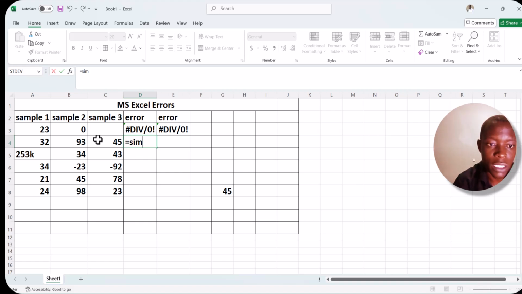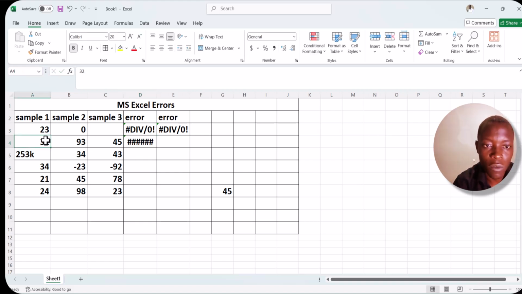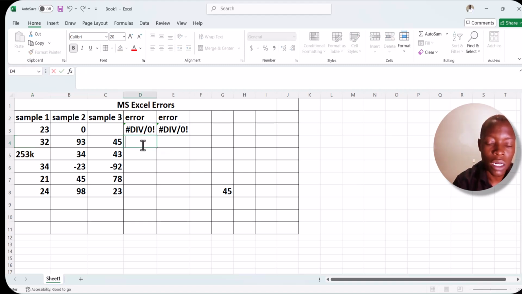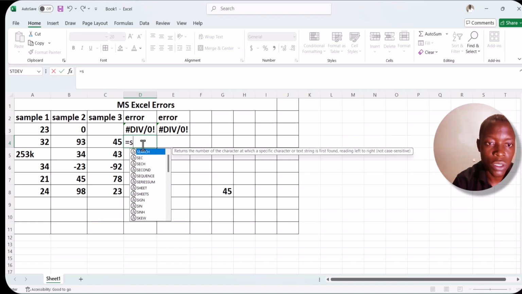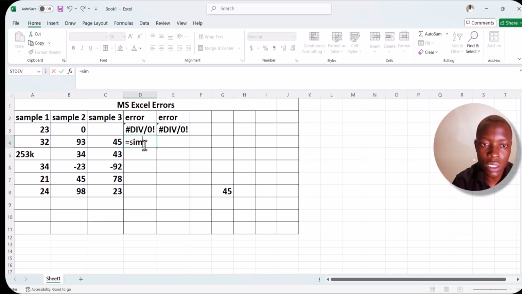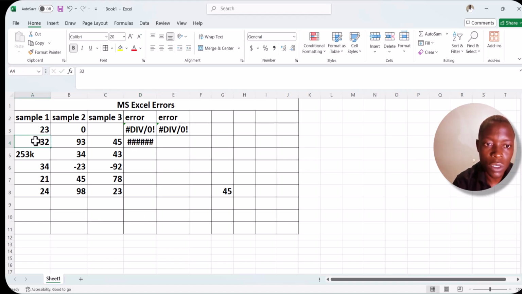Let's say that you consider that to be a typing error, of course. Oh sorry, it has already demonstrated that it is an error. Let me first undo. Since this does not exist, let's say we're using SIM. We choose that.